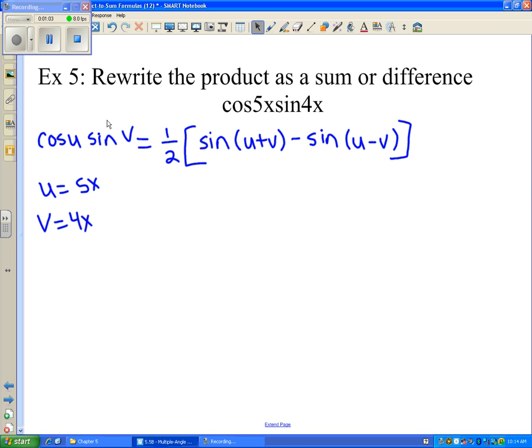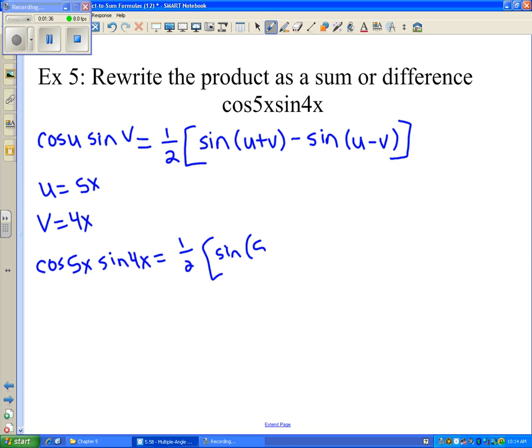Looking up here, hopefully you can see that u is equal to 5x and v is equal to 4x. Now it's just a matter of plugging in those values and working from there. I have cosine, u is 5x, sine, v is 4x, equals 1/2, put my parentheses here, sine of u plus v.